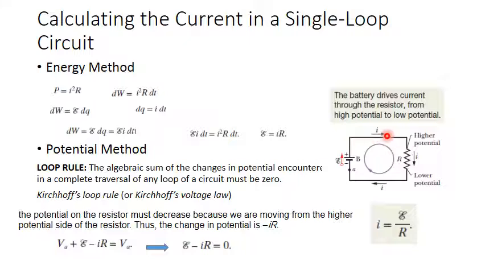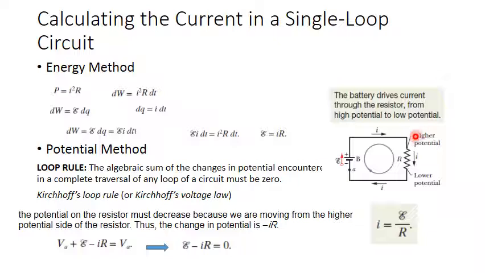And also, we have mentioned before that because this is a conducting wire, it is an equipotential surface, so the potential at each point is the same. So effectively, the potential of this point, which is notated as positive, is higher than the potential of this point, notated by negative.